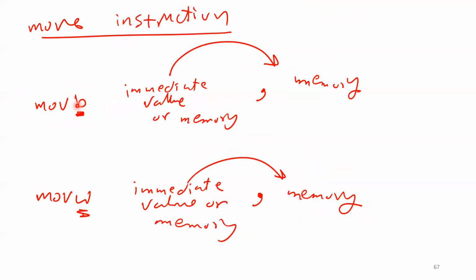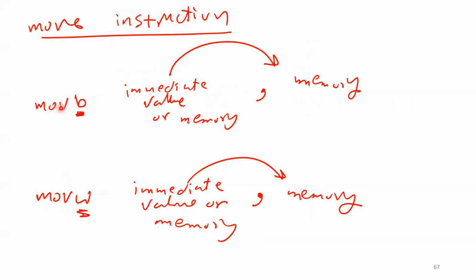Okay. The last instruction in data transfer instructions is the move instruction. Again, it is used if you want to copy a memory location to another memory location. We have two types of this instruction. One is called move byte, move B. The other one is move W, used if you want to copy a word.